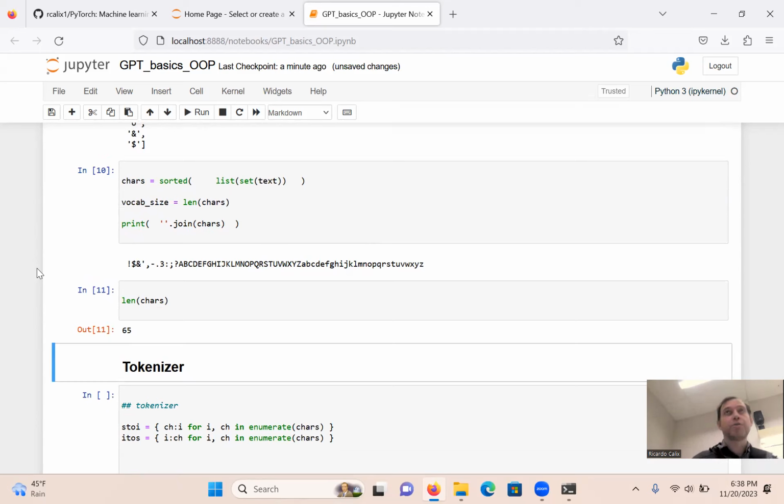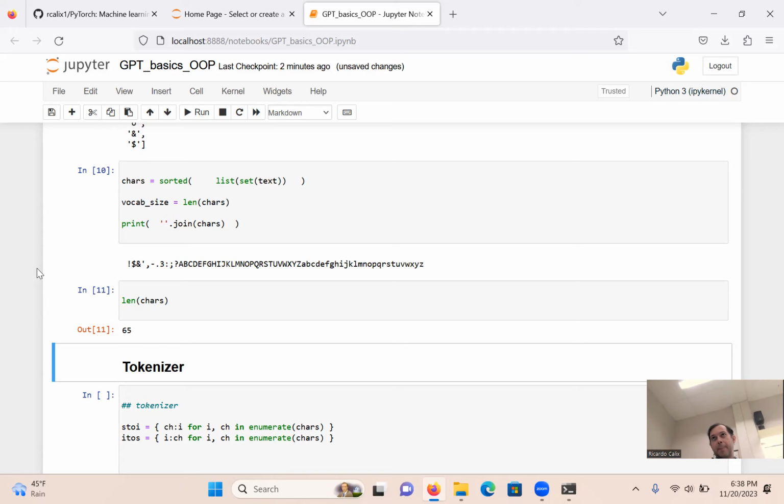So each one of those needs to get an ID, because we can't give letters to a transformer. We need to give it integers, and then the integers get mapped into embeddings. The beauty of that is that nn in PyTorch already has an embedding lookup table, which I described to you guys. You can think of it as a 65 by 384 matrix.